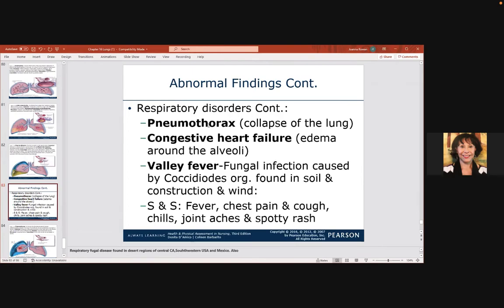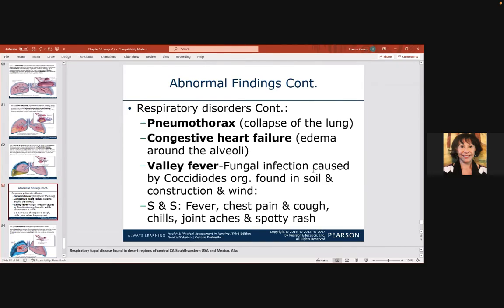We are still with abnormal sounds: pneumothorax, congestive heart failure, valley fever. When there is pneumothorax, there is collapse of the lung. When there is congestive heart failure, there is edema around the alveoli.